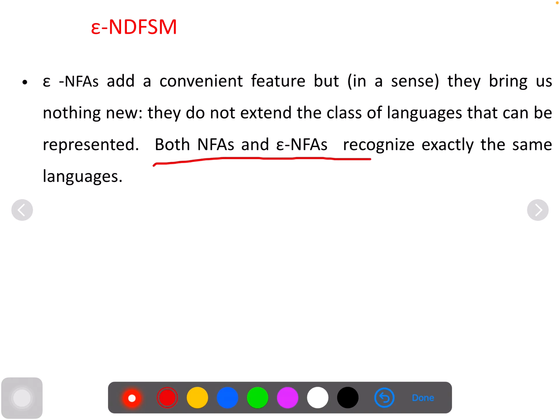Both NFA and epsilon NFA are recognizing exactly the same language. So it is not a different one. It is not different from NFA. Both are accepting the same. So there is only one. This will be the speciality of epsilon NFA and DFSM.